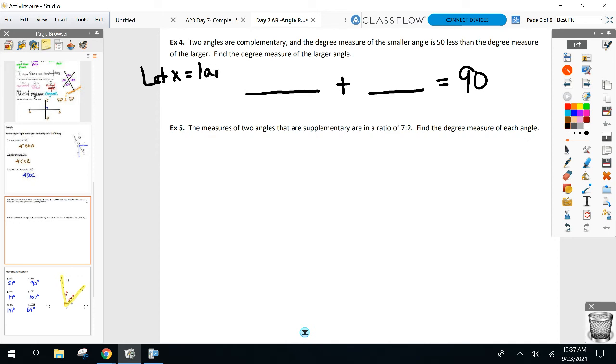So X is the larger. So how do I write the smaller then? What's 50 less than the larger? How can I write 50 less than? Callum? X minus 50. X minus 50 is going to be the second one.